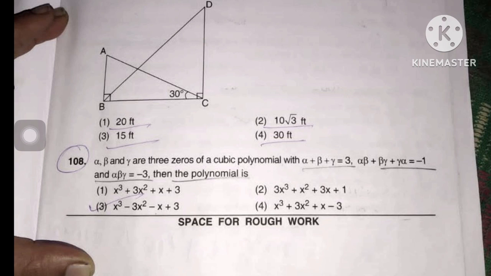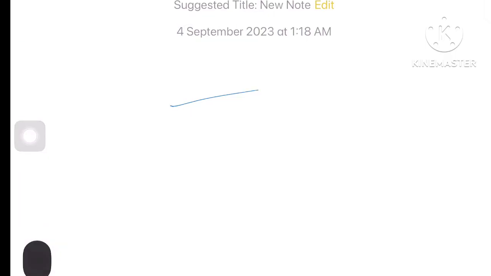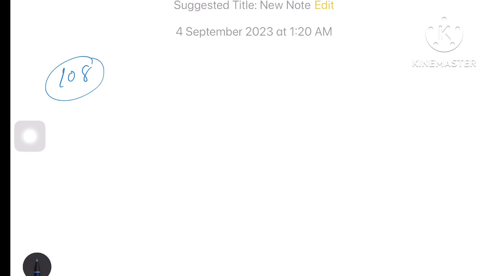See, alpha plus beta plus gamma. We generally know that sum of the roots is equal to minus b by a, and sum of product of roots taken 2 at a time is equal to c by a, and product of the three roots is equal to minus d by a. Why so? Let us see it from the perspective of the general form of a cubic polynomial.